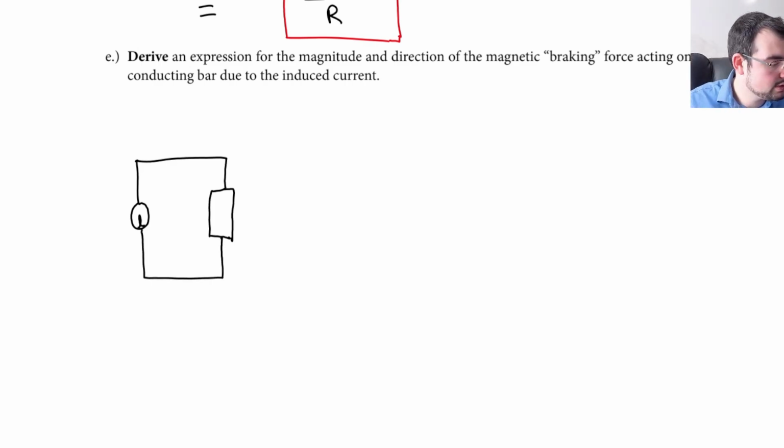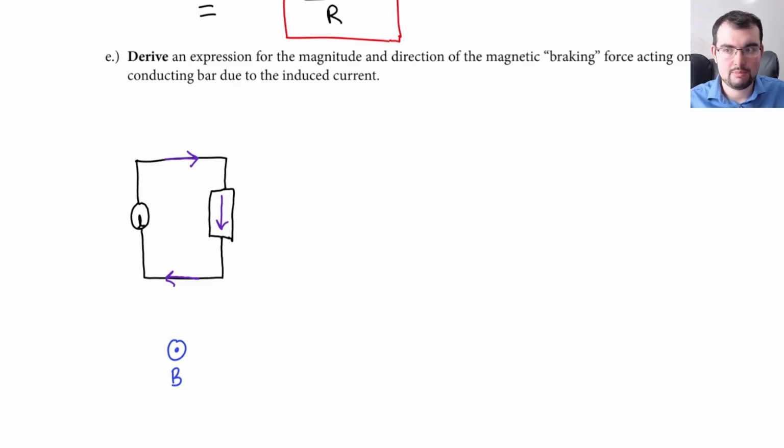Remember that now we actually have current, and we said that the current is going clockwise. So this means that our current in the bar is going to be going down, because our current isn't just going to magically change direction. And we also said that there's a B field in this problem that points out of the page.